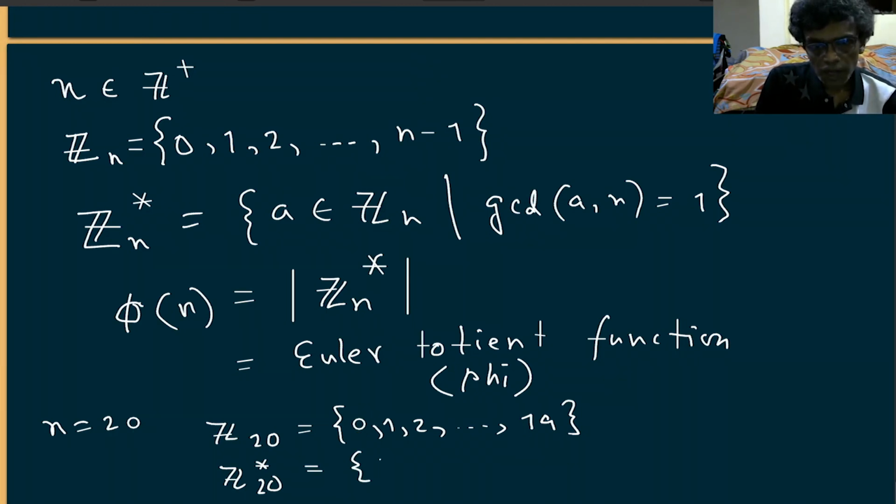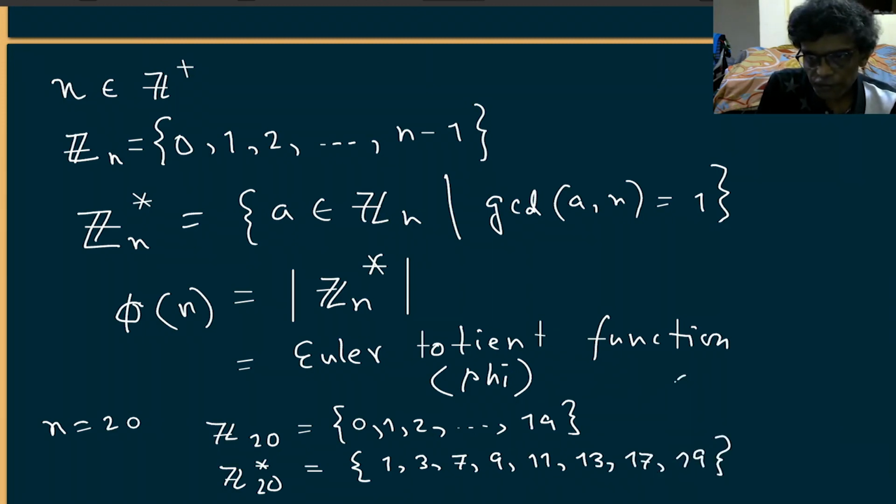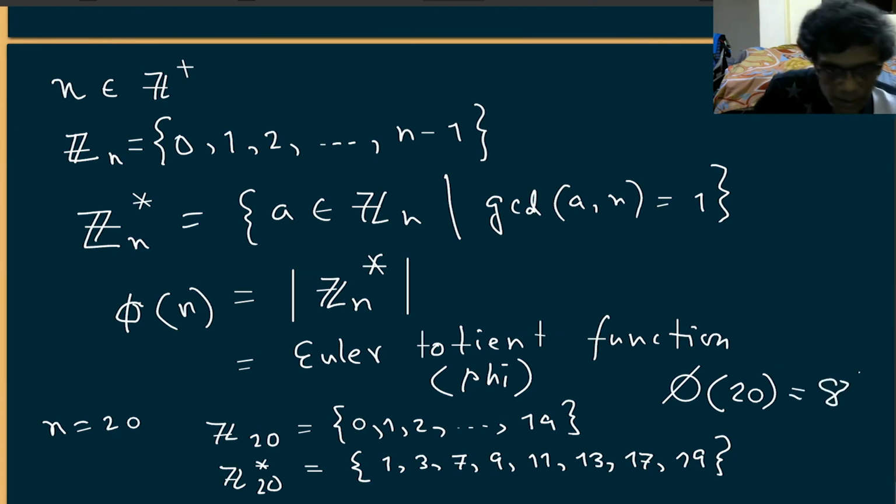So out of these, 1, 3, 5 will not be there. 7, 9, 11, 13, 15 will not be there. 17 and 19. So it follows that phi of 20 is 1, 2, 3, 4, 5, 6, 7, 8. 8. Okay.